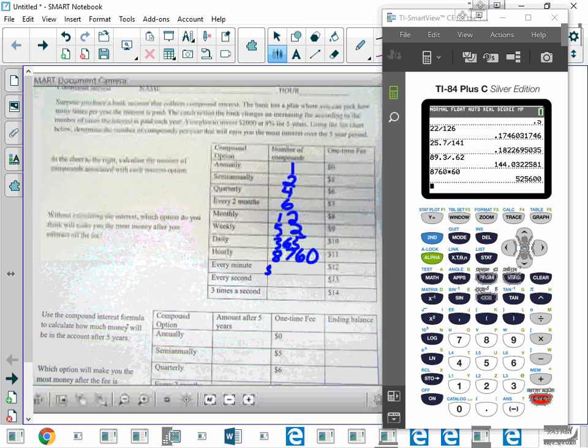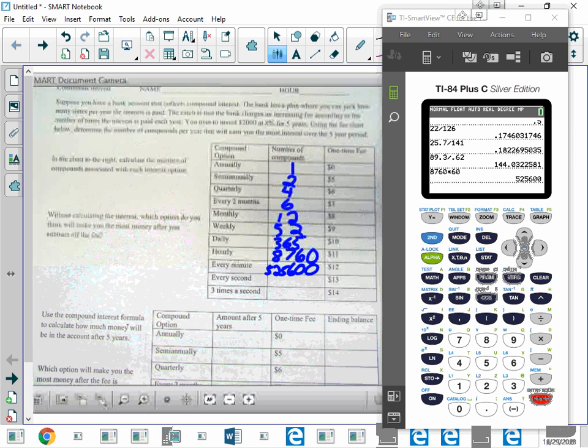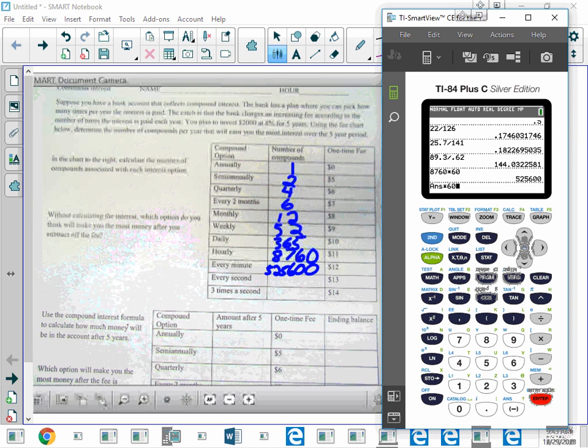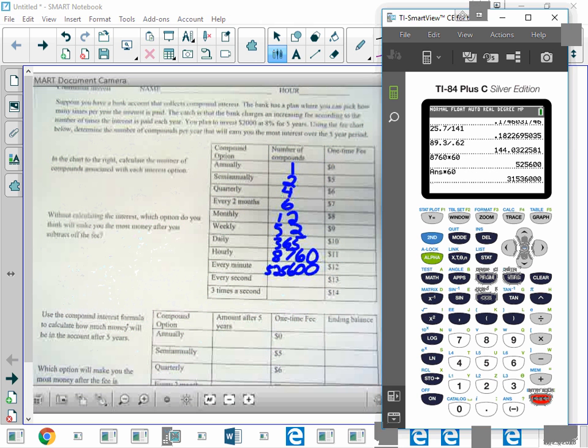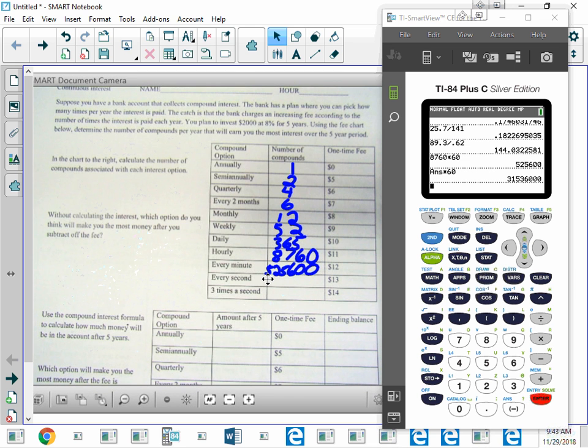Wow, 525,600. Okay, how about every second? Times that by 60. And so 3, oh my goodness. I am so tired of this calculator conking out on me. Okay, yes, I need to save that.